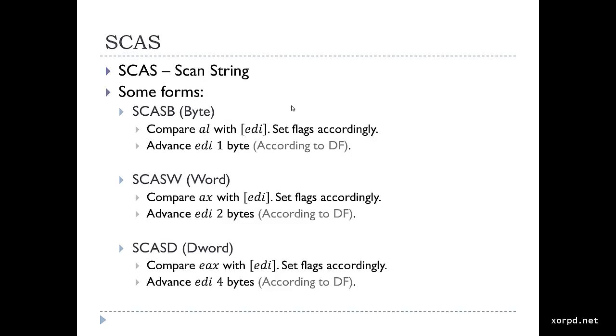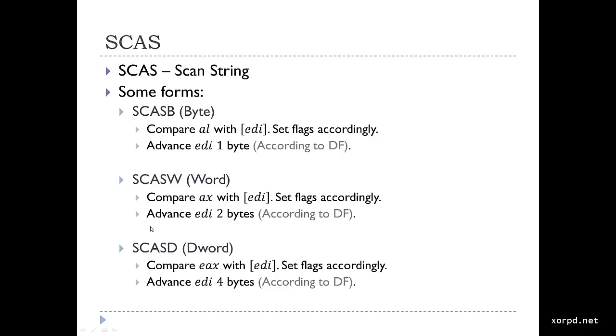Let's look at the two other forms, which are basically the same, just for different sizes. The next one is SCASW, where W stands for word. This instruction compares AX with the word at location EDI. It then sets the flags accordingly. Finally, it advances EDI 2 bytes according to the direction flag.